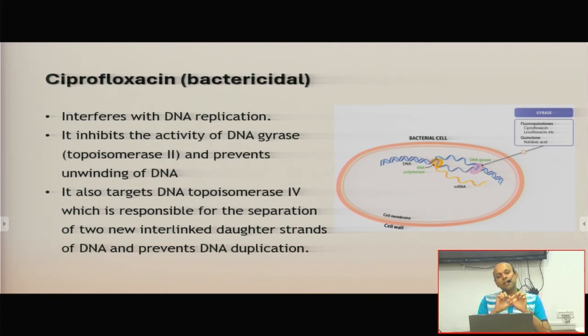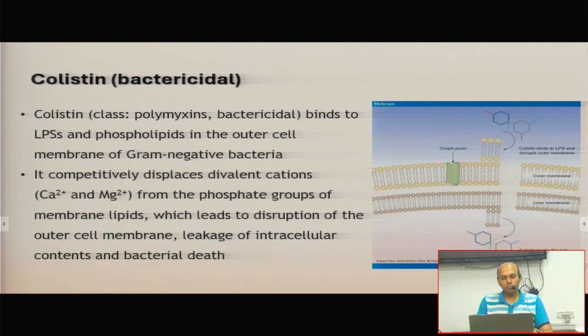So that is the partitioning enzyme that is going to relieve that and help them separate out. So it will target that also. Responsible for separation of two interlinked daughter strands, it will prevent the DNA duplication from occurring. So that's it. You understood what ciprofloxacin does.